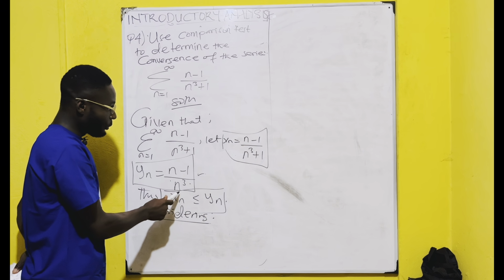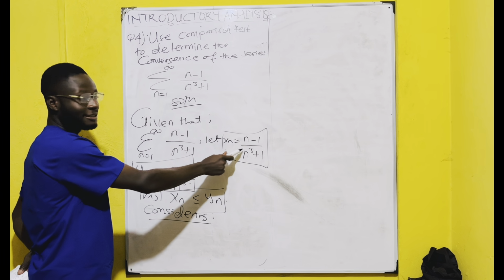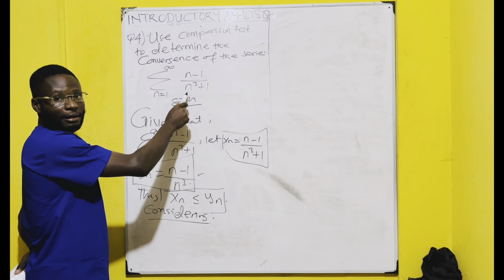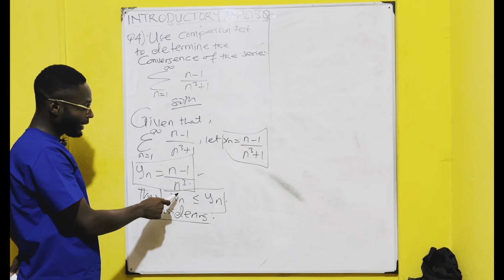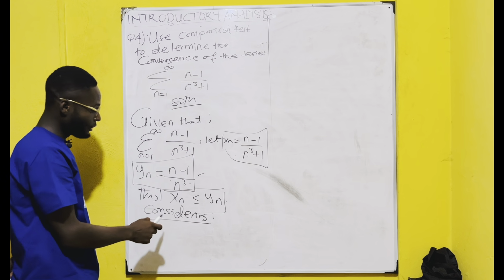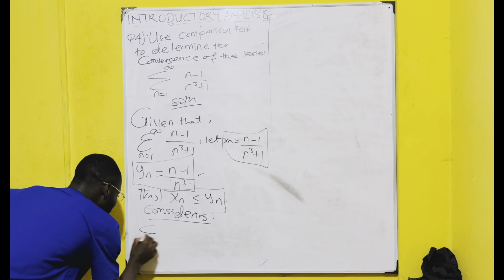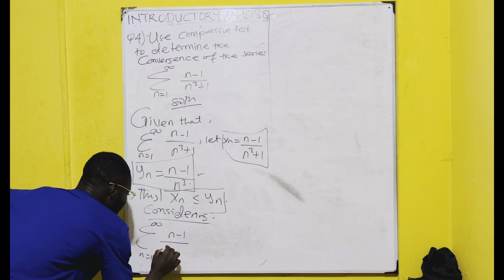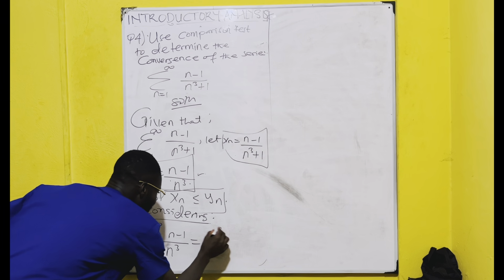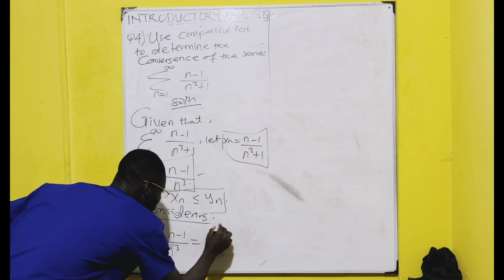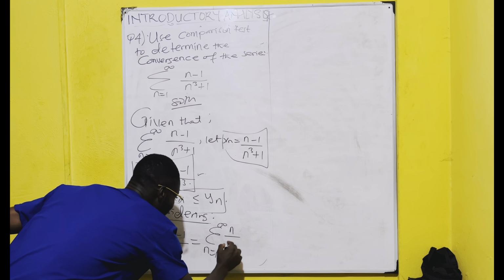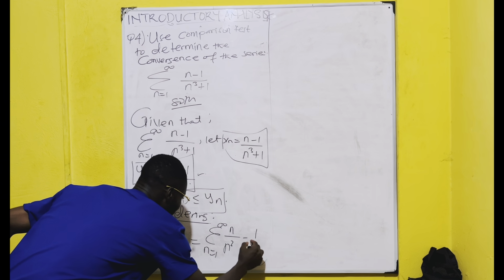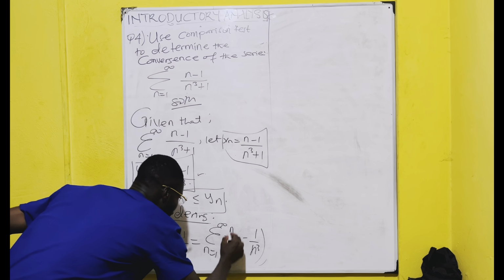So we know that we already have our Sn from the problem that we were given, but Yn, we have to do that here. So considering summation from n equals 1 to infinity n minus 1 divided by n cubed, this is the same as summation n equals 1 to infinity n divided by n cubed minus 1 divided by n cubed.